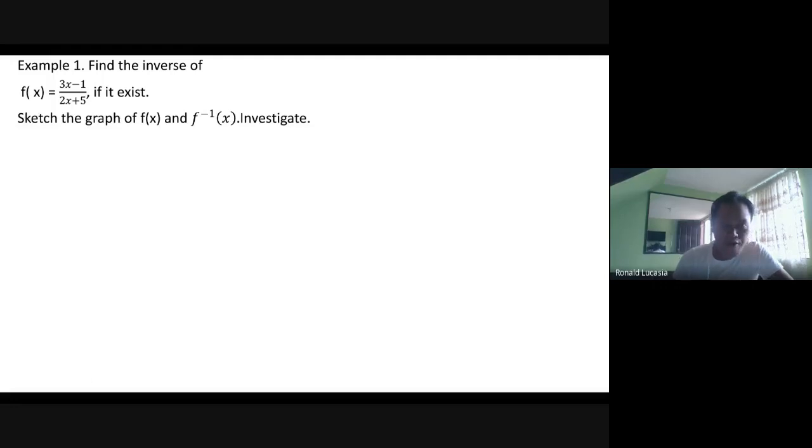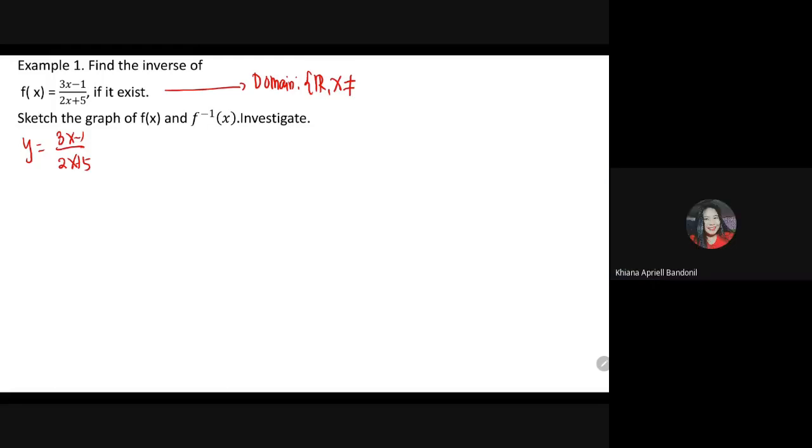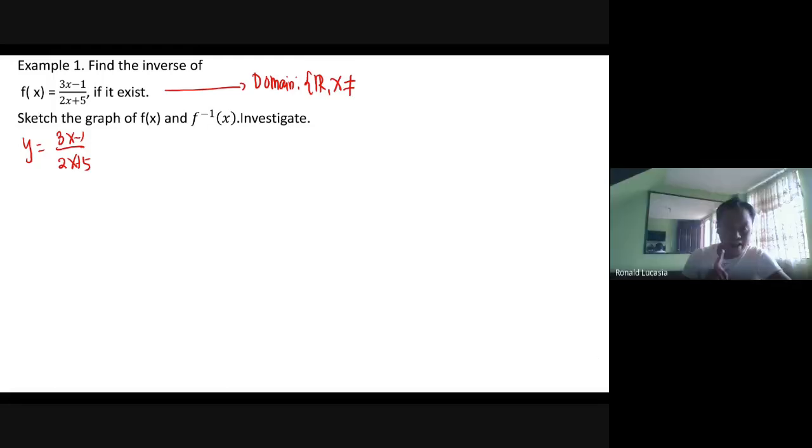The given function is 3x minus 1 over 2x plus 5. So we have to change f of x to y. That's 3x minus 1 over 2x plus 5. But I forgot to indicate the domain of the original function, that is all sets of real number such that x must not be equal to, what's the domain?